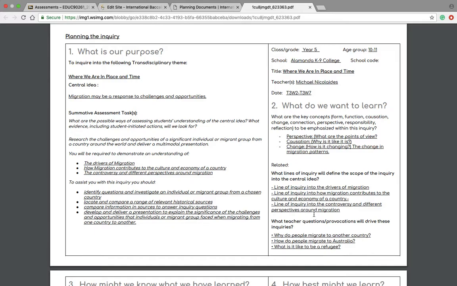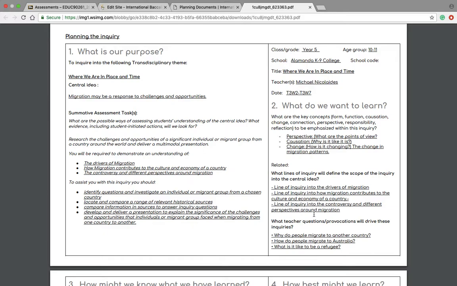In my opinion, I do believe that key concepts have a significant and relevant role when it comes to planning a unit of inquiry. And it's really important for children to be able to see those clear links from a key concept to a line of inquiry and how that drives planning.